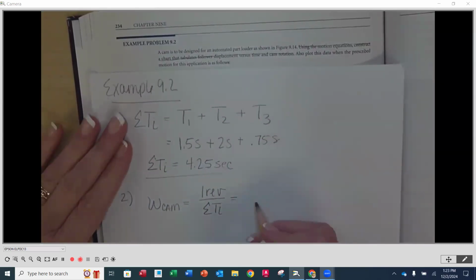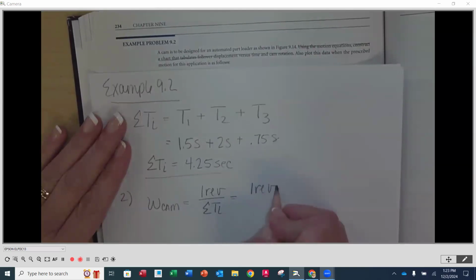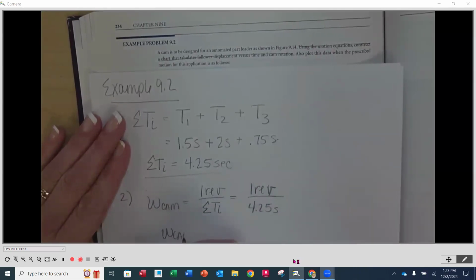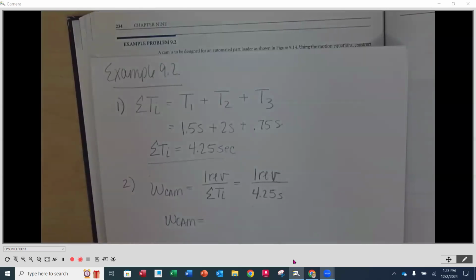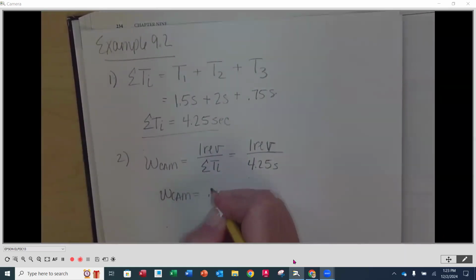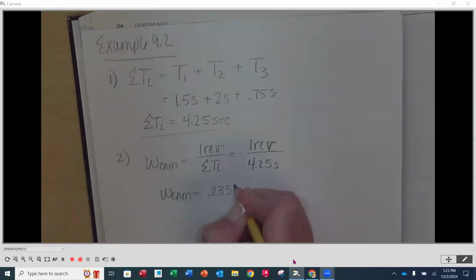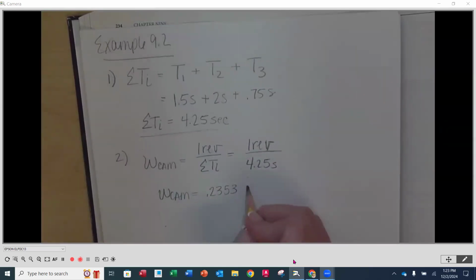So we're going to say, all right, 1 revolution divided by 4.25 seconds, right? So the omega of our cam, what do we get? 5.1. Is that right? 5.3. Yep, that's what I got too. Okay. And that's going to be revolutions per second, right?